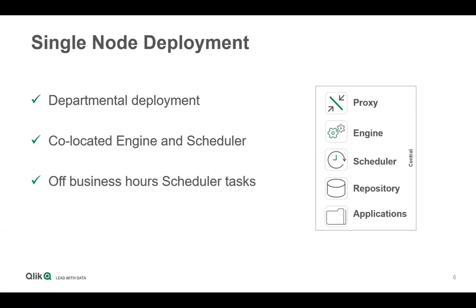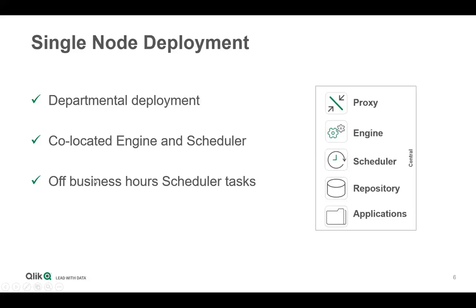That means they will have a smaller amount of concurrent user sessions, and a smaller amount of apps. With fewer concurrent user sessions, we have less proxy workload. And with fewer apps, we have less engine workload on the visualization.